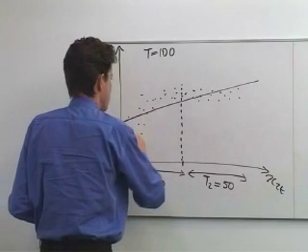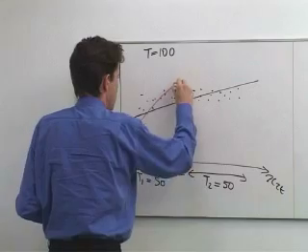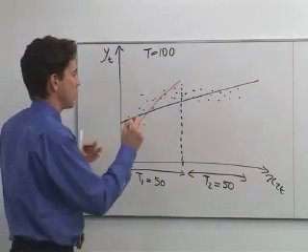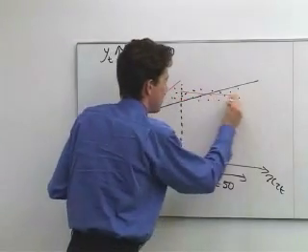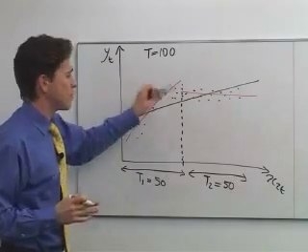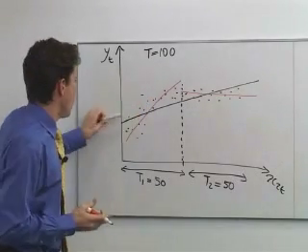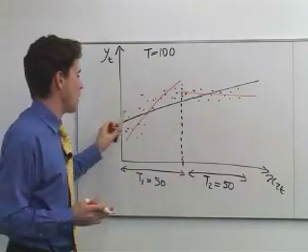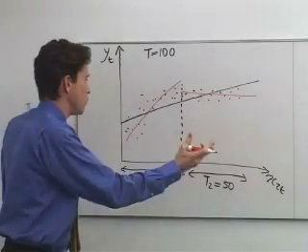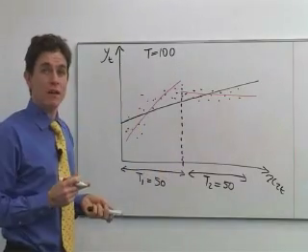We could estimate one regression model for the first half of the data, and maybe we get that red line there, and we estimate another regression model for the second half of the data, and maybe we get something like this. So these are the 3 regressions that we estimate: one for the whole sample, that's the black line, and one for each of the subsamples within the full sample, and those are the 2 red lines.